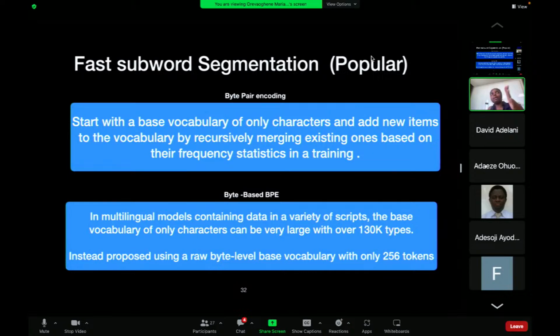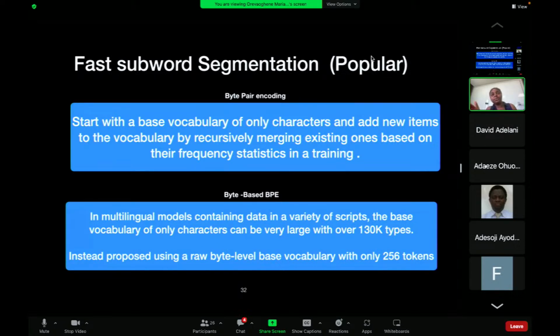The difference between BPE and byte-based BPE is that in multilingual models you have data from languages with various scripts, right? And then the base vocabulary of only characters could be very large, around 130K, if you're considering a large number of languages. I think it was in the GPT-2 paper that they proposed, instead of starting your vocabulary from Unicode, so A, B, C, and whatever number of characters you have in the world, to use raw bytes, like UTF-8 bytes, to represent words.